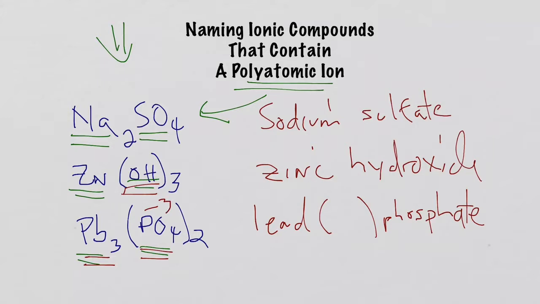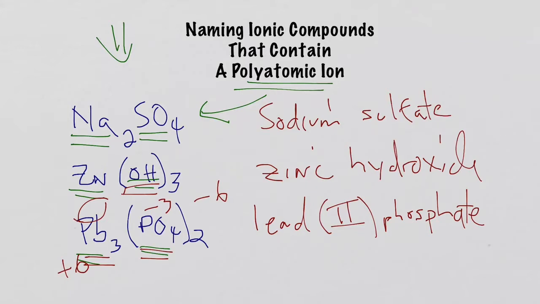So now I'm back to figuring out what the charge is for lead. Each phosphate polyatomic wants 3 electrons. I have 2 of them. That's a total of a negative 6. If phosphate needs 6 electrons, it's getting 6 electrons from the leads, but I have 3 of them. Right? So 6 divided by 3 is 2. So this must be lead(II) phosphate.